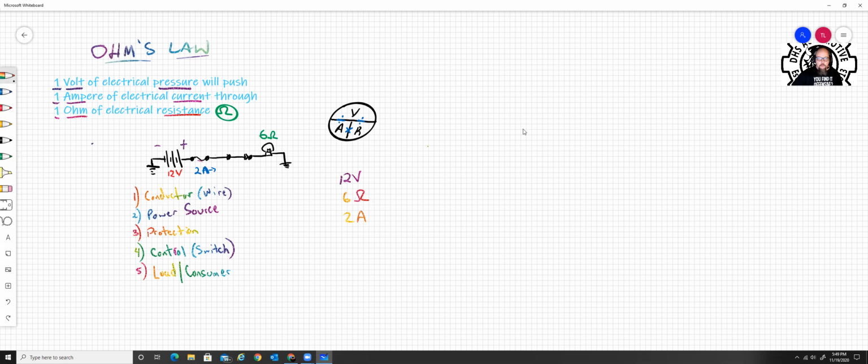So I could make a little teeter-totter right here. If my voltage remains constant, unchanging, and I drop my resistance, my current is going to go up.